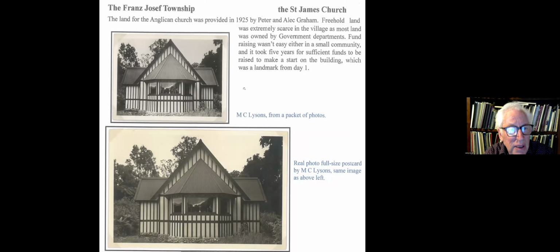They've got a famous church, two famous churches there. One's the St. James Church. It was a fundraising thing. This is where you can have two examples of the same thing. This is a snap, a small photograph, same image here on a picture postcard.